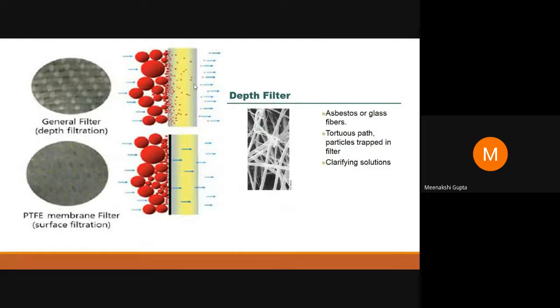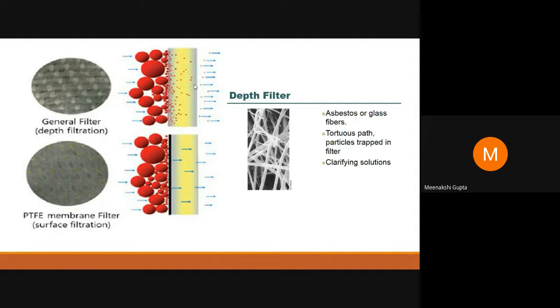In the last class we were discussing the difference between the surface filtration and the depth filters. That time I was not able to attach the image, so you can see here the difference between the surface filters and the depth filters. Generally, depth filters are made up of asbestos or glass fibers.